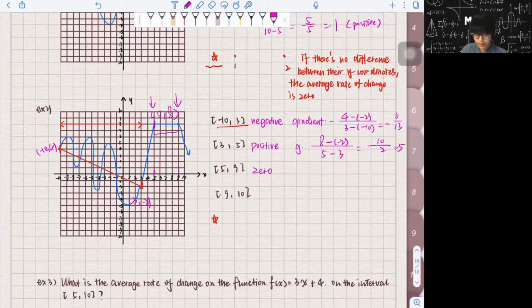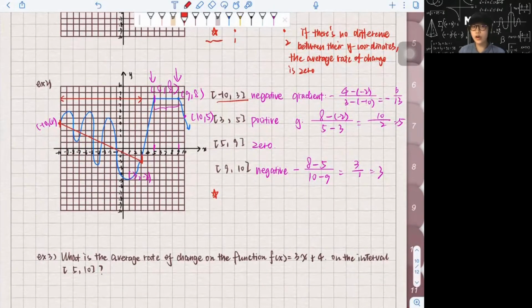And from 9 to 10, we get a 9, 8 and a 10, 5. So yes, it is negative, and the amount is 5 subtracts 8 over 10 subtracts 9. So that is -3 over 1 equals -3.